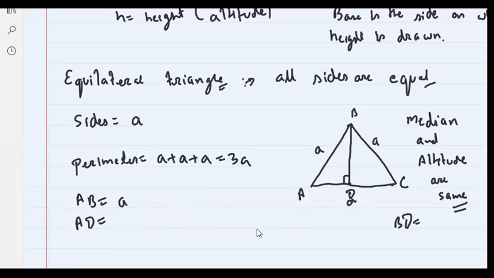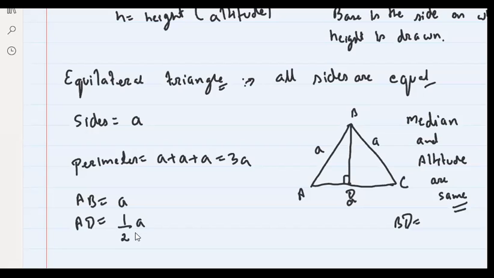So if AC is equal to A, AD is half of this. So AD is half of A. Got it? Everyone is getting the concept? Yes? Very good.